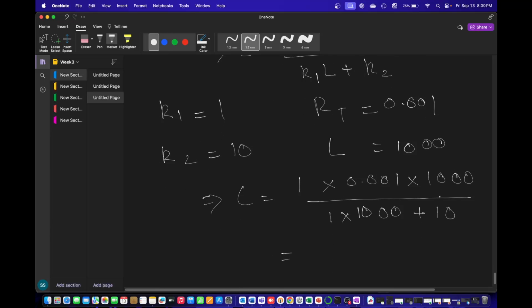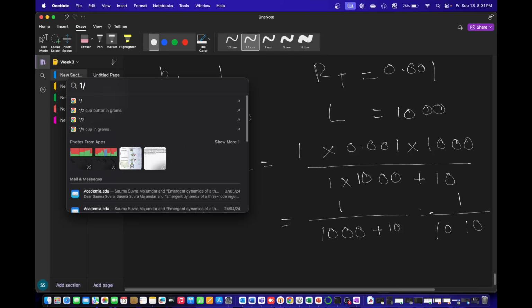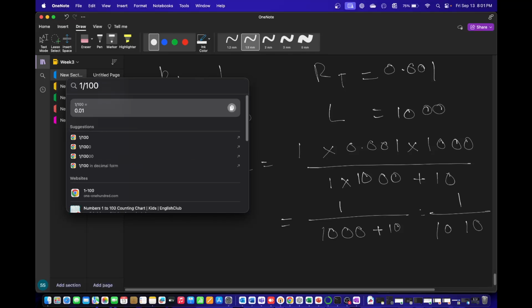So this becomes 3 zeros, so this is 1 on top by 1000 plus 10, so 1 by 1010, so around 1 by 1000, so it becomes around this figure, 0.00099.